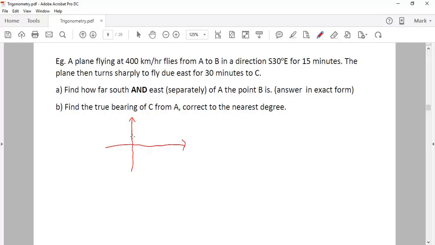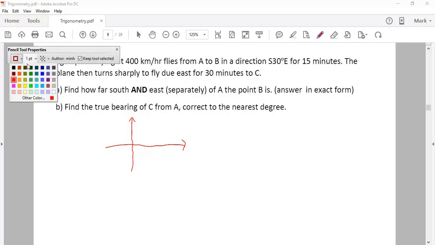I might change color here just to make it easier. Say that's A there. It goes south 30 degrees east, so that's in that direction, 30 degrees there, and it flies for 15 minutes.